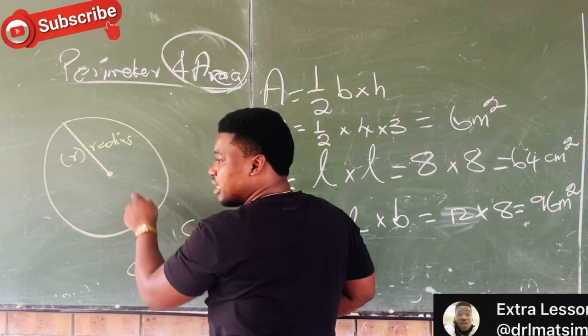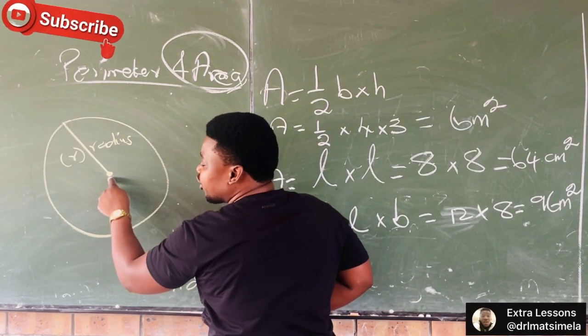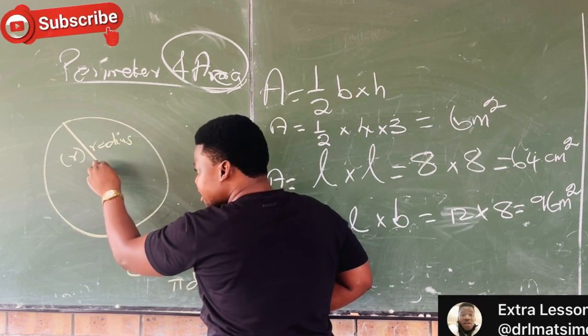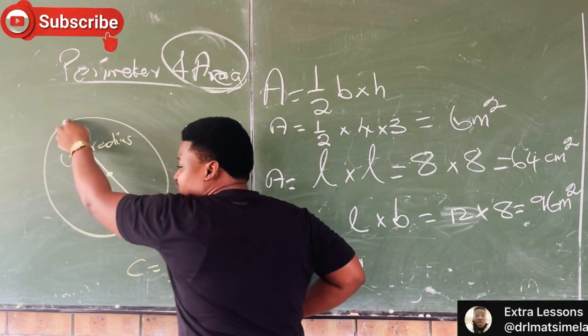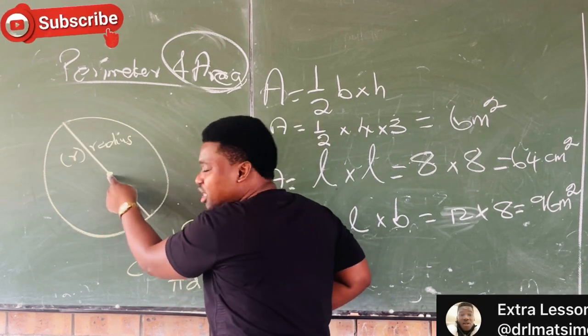For the diameter, I draw the same radius from the center, extending it to the other side of the circumference, which makes a straight line from one point of a circle to the other point of the circle, passing through the center.